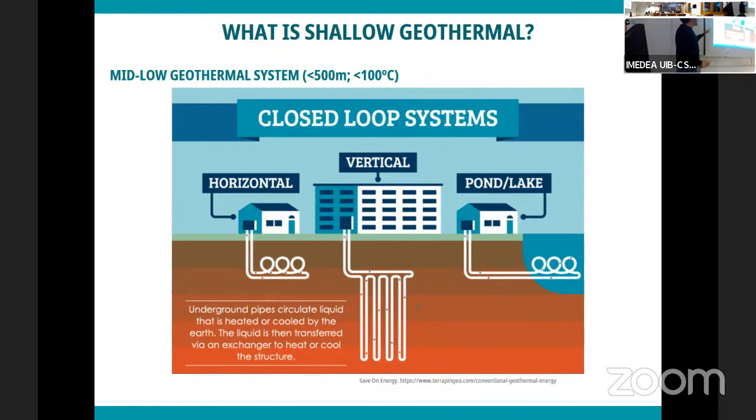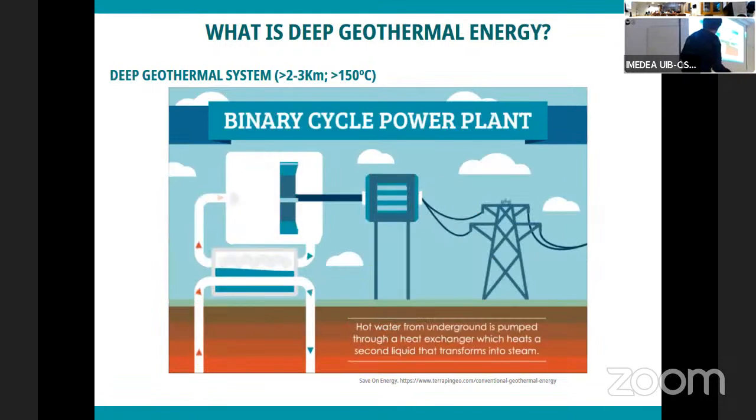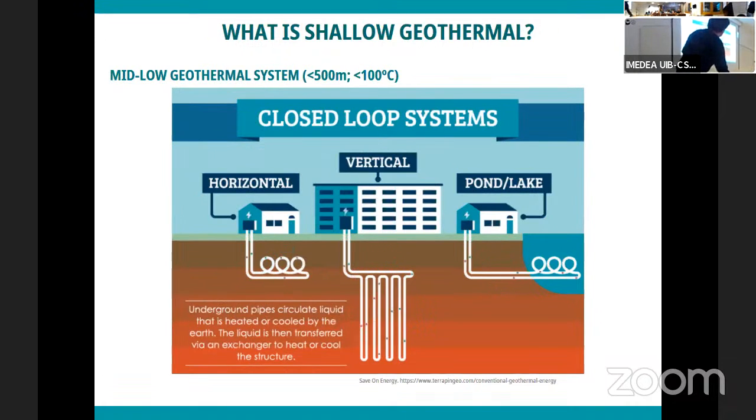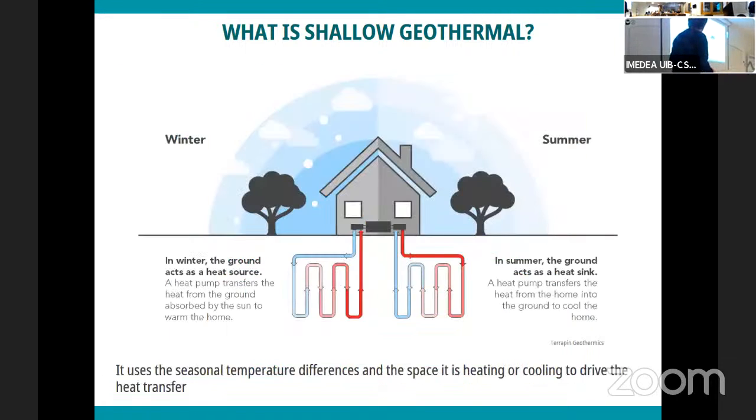Okay, so we pass a fluid through these pipes, a circulated liquid, and depending on whether we want to cool or heat, we inject cold or hot water. Okay, this liquid is used to exchange, like before, with a heat exchanger to condition our buildings. These buildings are not only houses, but I will explain other purposes later.